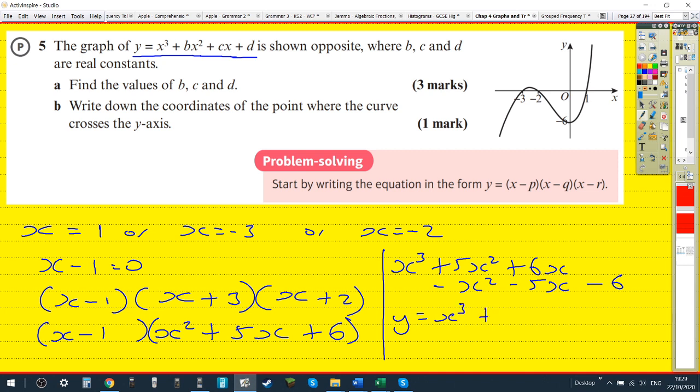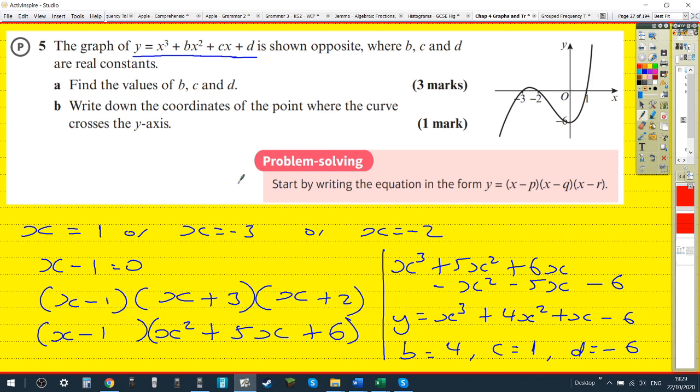Yep. And so what is B, C, and D? B would be 4x squared. Just 4. C would be just 1, and then D would be minus 6. Yeah, C is 1. It's just the number in front of x.